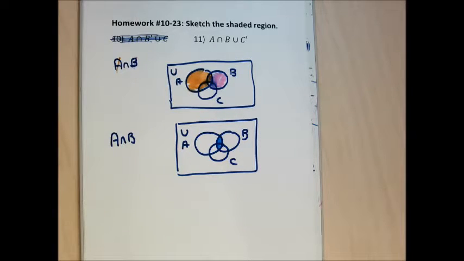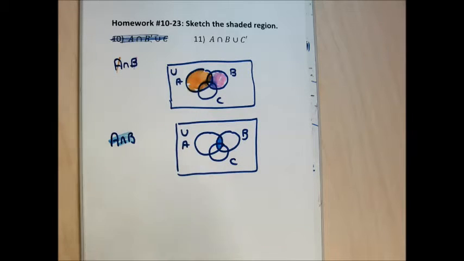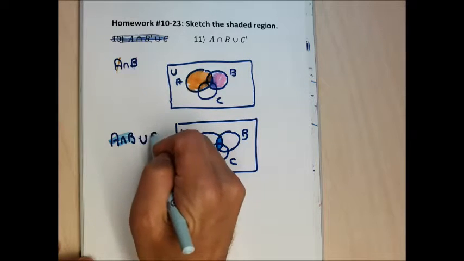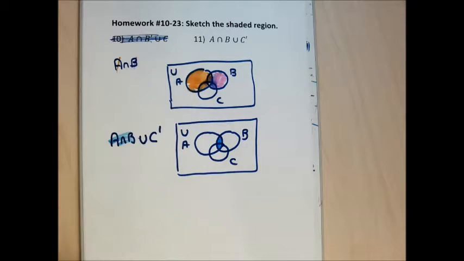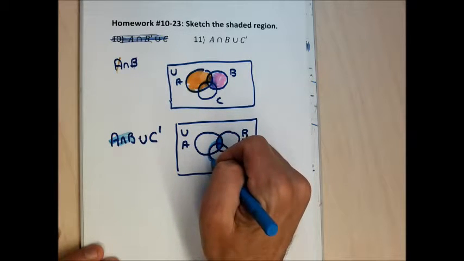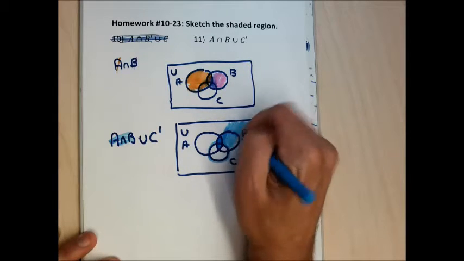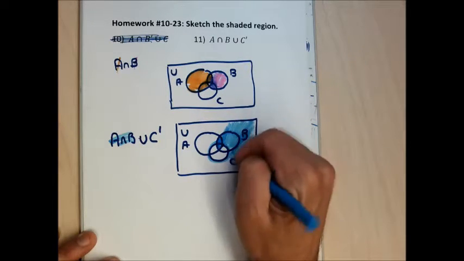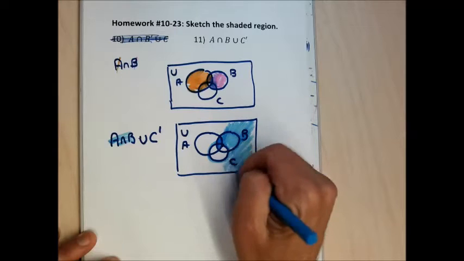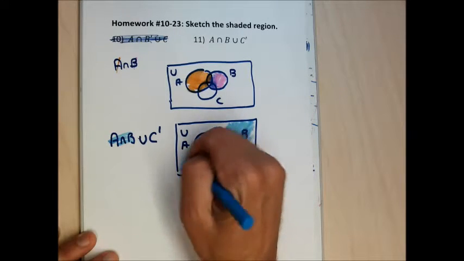So now I have my A intersection B drawn in blue, and I need to union that set with C complement. The nice thing is when I do a union, I don't need to pull out another color. So right on this graph, I'm going to draw C complement in the same blue. To draw C complement, I make a little band around my C circle, and I shade everything that isn't inside that C circle.